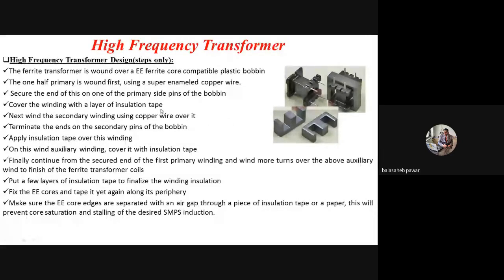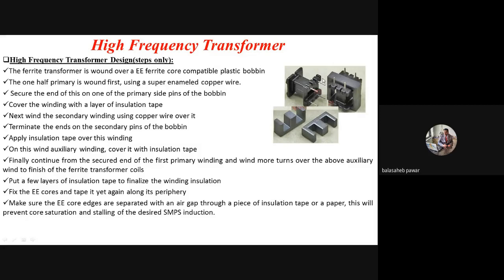Okay, secure the end of this on one of the primary side pins of that bobbin. See, there are 4 pins you will observe on this bobbin. Okay, metal pins are there. So one pin we can connect as a starting terminal of that primary, and when that primary winding gets completed, the second end will get soldered to the second pin, right?